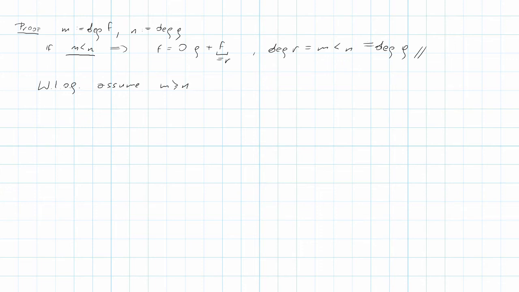Let c be the leading coefficient of f, so it's f with an index m using the notation we used so far, and we take the polynomial r to be f minus the leading coefficient of f over the leading coefficient of g, times g times x to the power m minus n.